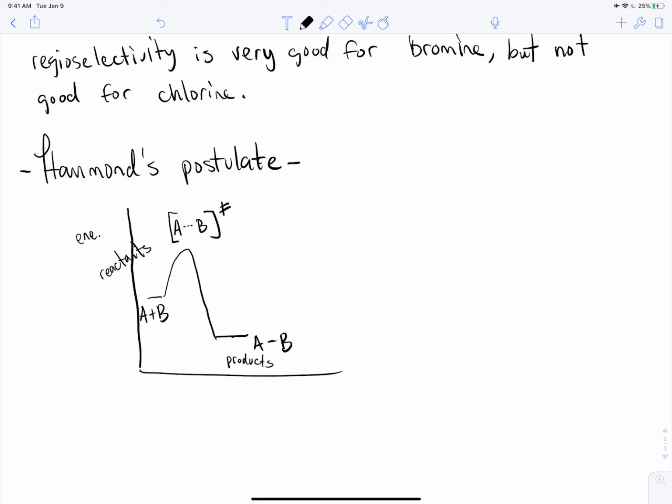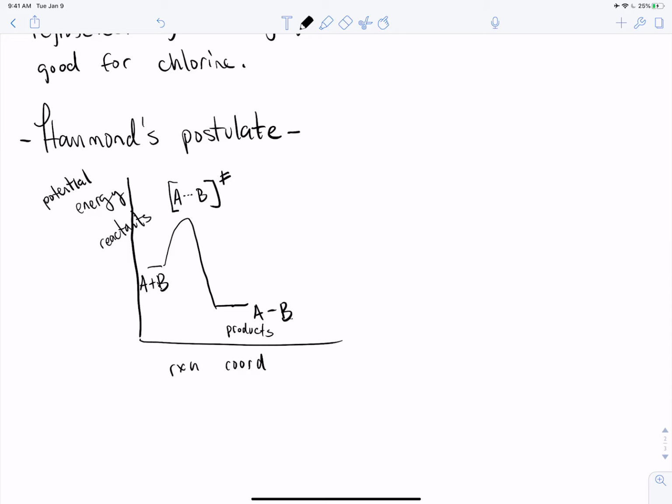And then over here we have energy, potential energy. And this is our reaction coordinate down here, just meaning that as we move to the right, we're moving further forward from the reactant to the product. It's kind of like, although it's not exactly, looking at the time of the reaction. In the beginning of the reaction you have reactants, and at the end you have products. So it's not exactly time, but you kind of think about it like that. All right, so I've got this transition state, going from my reactants to my products.